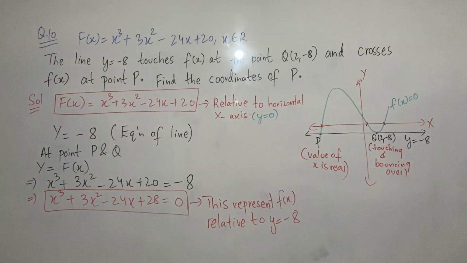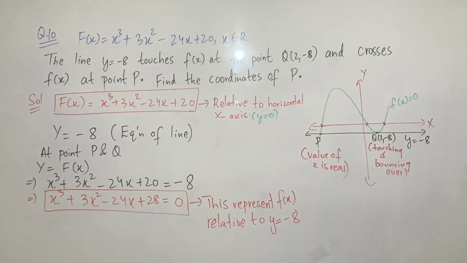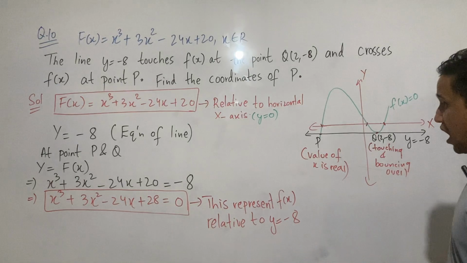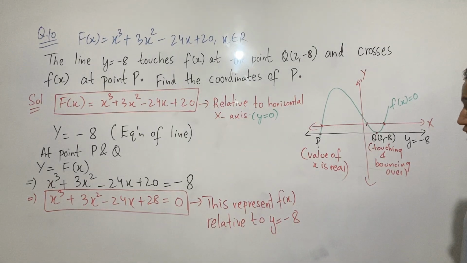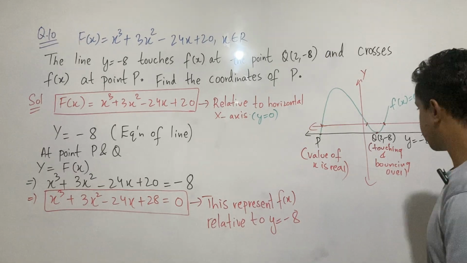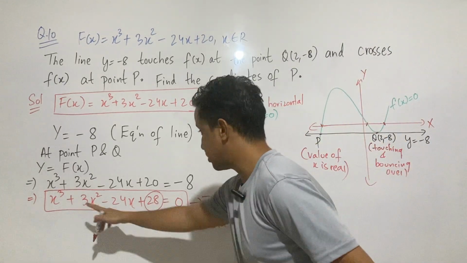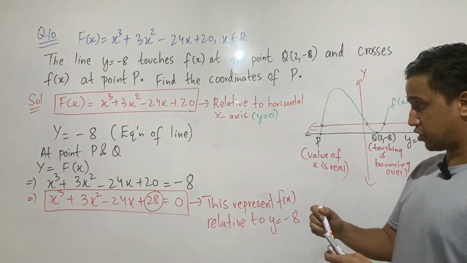Okay, now what we need to do here is we have to find the value of x. So how are we going to find the value of x here? First see that here we have 28. This is a cubic polynomial function.